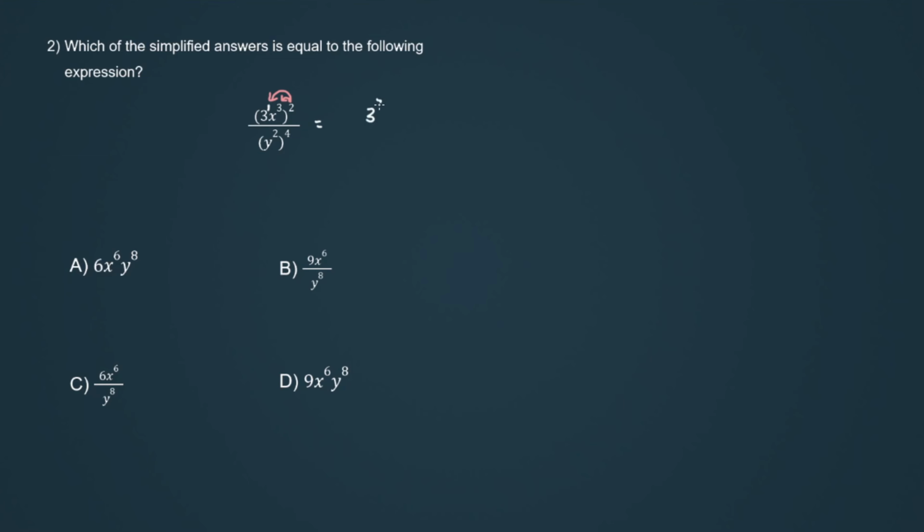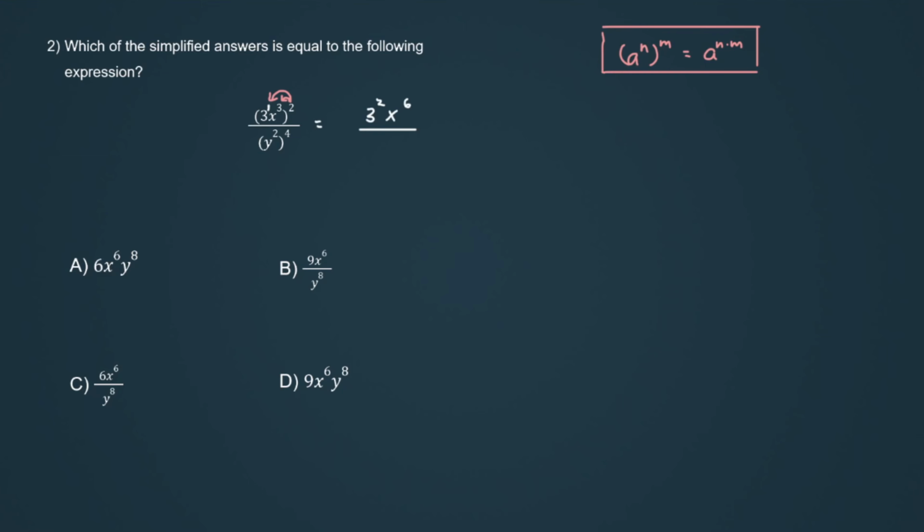Okay? So we're going to end up with 3 squared x to the 6, right? 2 times 1 is 2, and 2 times 3 is 6, okay? Divided by, and same idea here. And in fact, this one is more specific. This is the law of exponent that's a to the n to the m is equal to a to the n times m, okay? So we have something raised to an exponent, raised to an exponent.